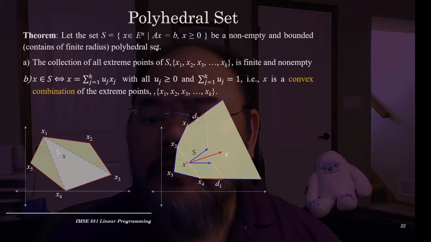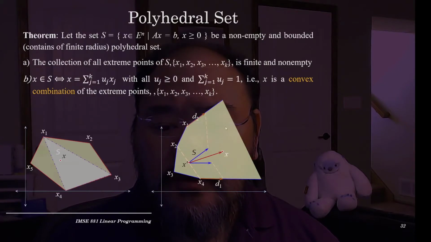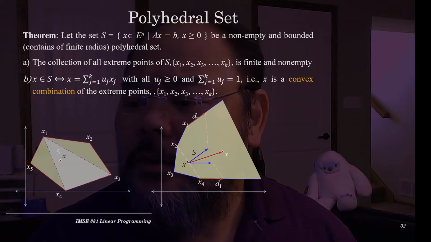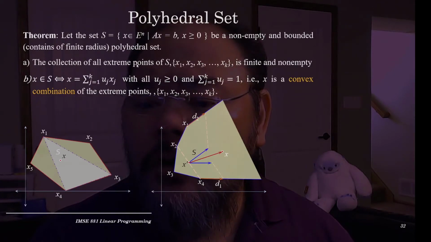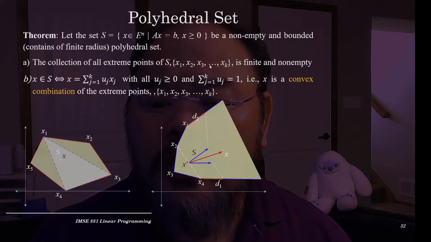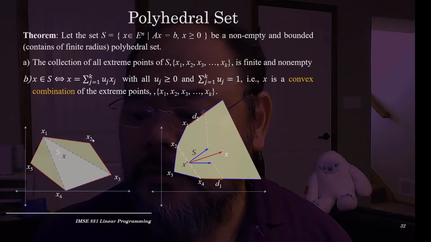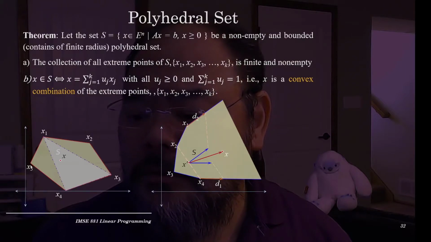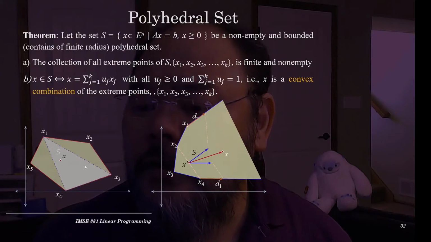So what does that mean? It means we don't have these open areas. But also the collection of all the extreme points of S, x1 through xk, is finite and non-empty. So this area is finite and non-empty.